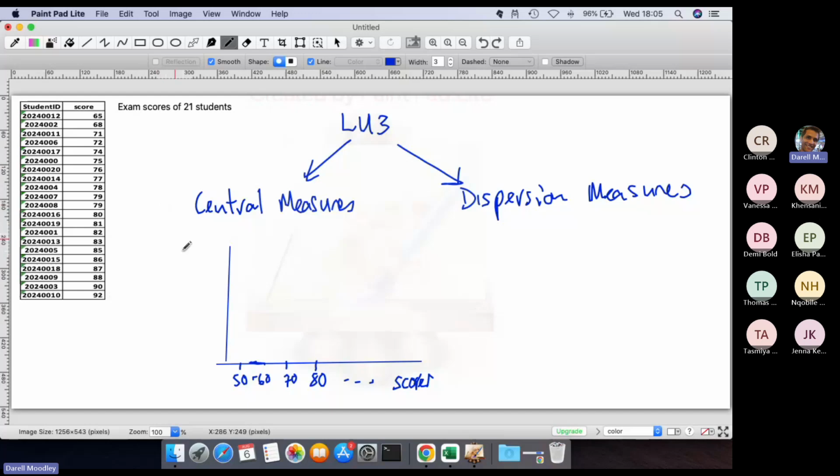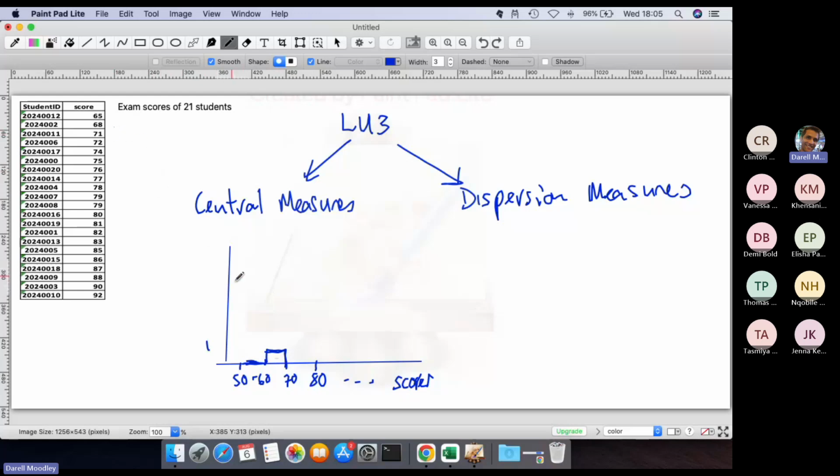So just looking at the lowest score, which is 65, you can see there's nobody in the 50 to 60 bracket. But in that 60 to 70 bucket, there's one person, 68. So the bar would go up to 1 because there's only one person there. Then you do the same thing for each bracket.